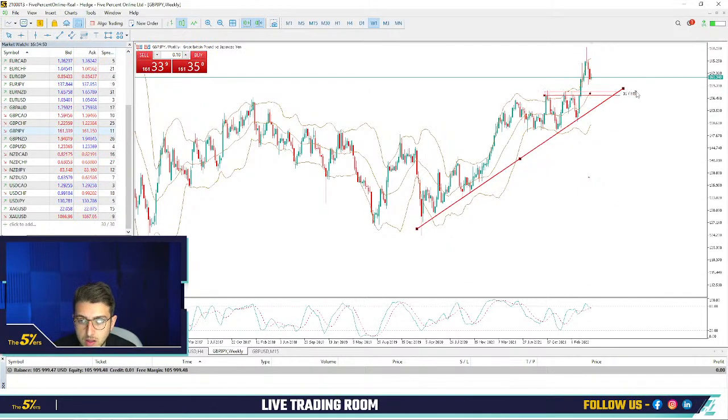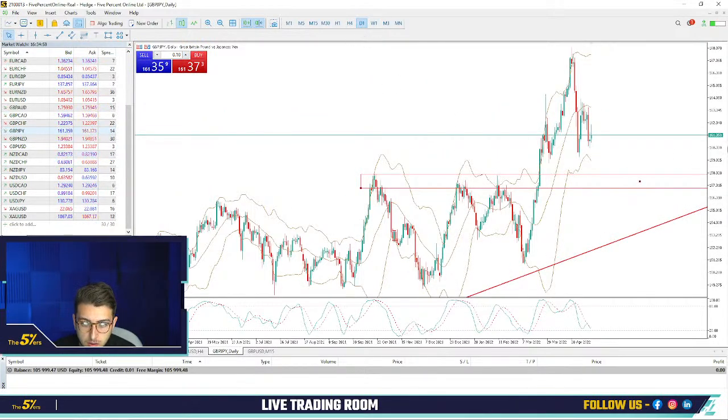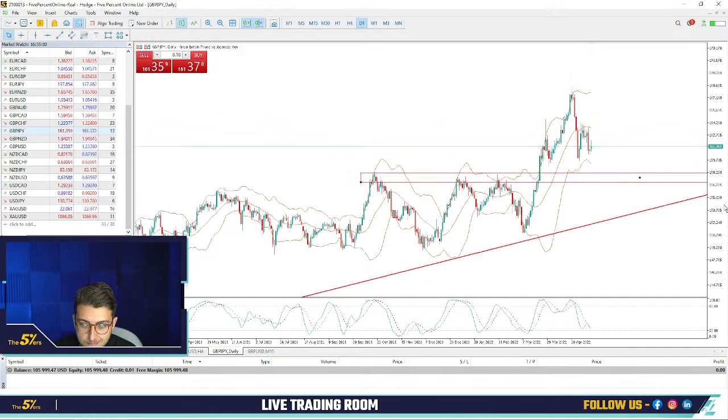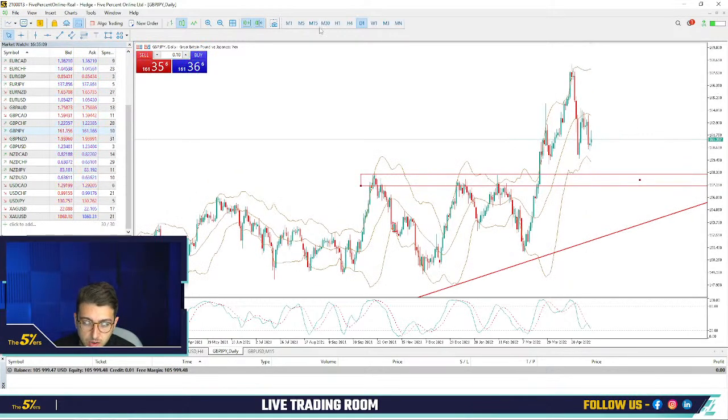Yeah, I prefer to find here this demand zone and not buying here, at least for the long term. Yeah, we are starting to create a head and shoulders here. Very difficult to make a buy here.